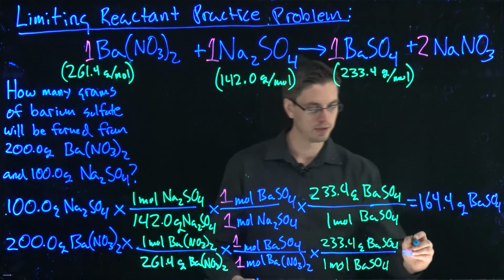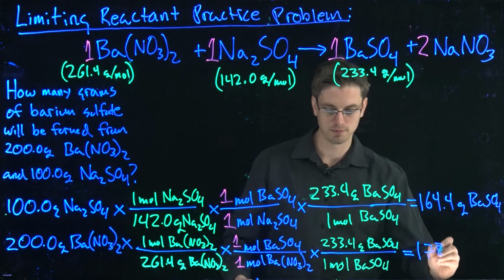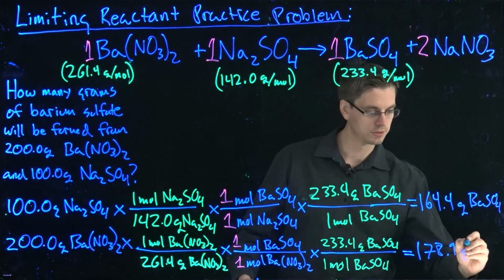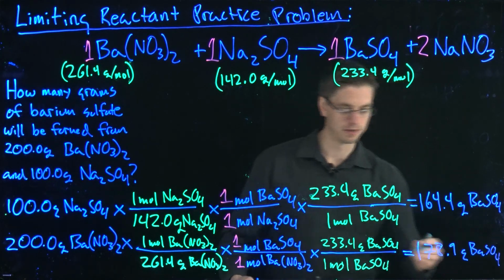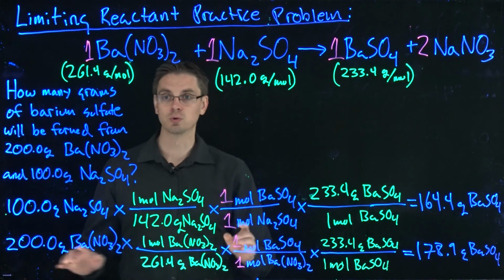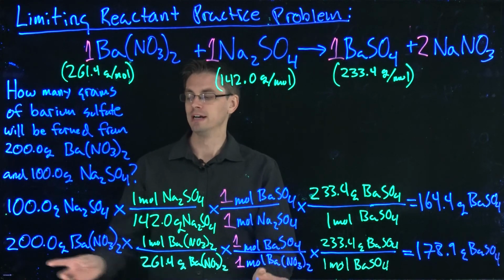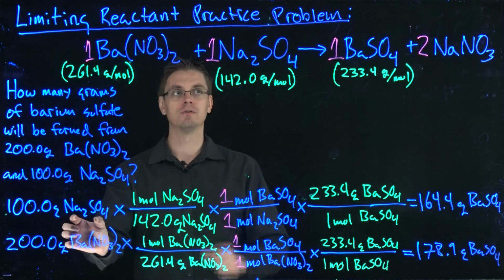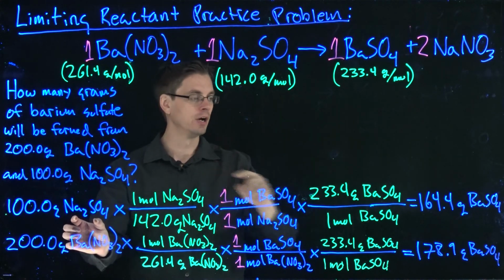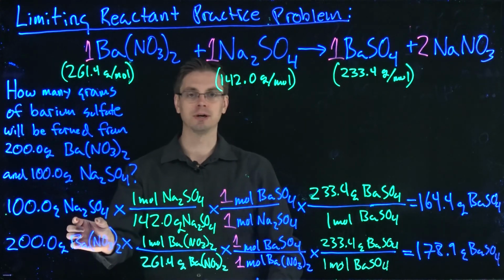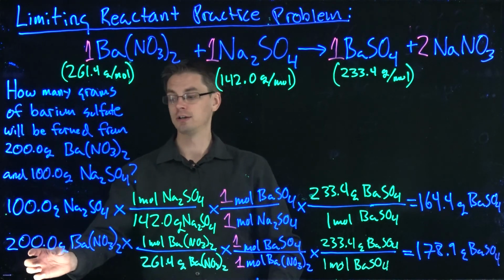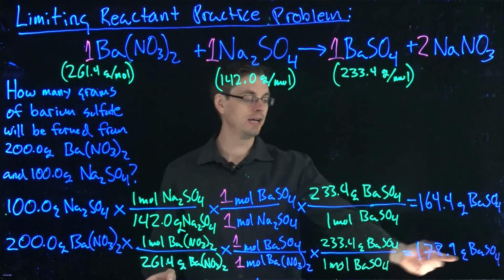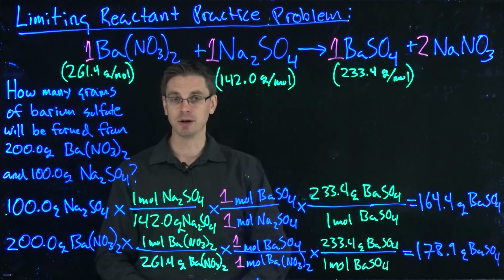Plugging that in, you should come up with a number of about 178.9 grams barium sulfate. Now, just to recap, what we've found here is that if we hypothetically react all 100 grams of our first reactant, sodium sulfate, we will get about 165 grams of barium sulfate. If we react 200 grams of barium nitrate, we will get about 179 grams of barium sulfate.